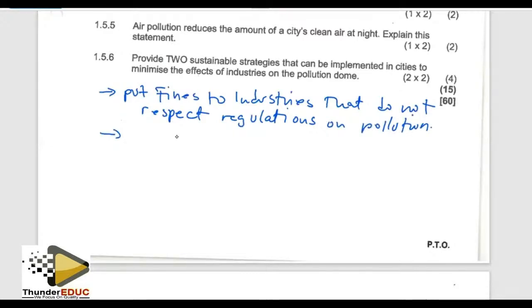So you could say to carry out decentralization, or industrial decentralization, so that industries are moved away to other areas.